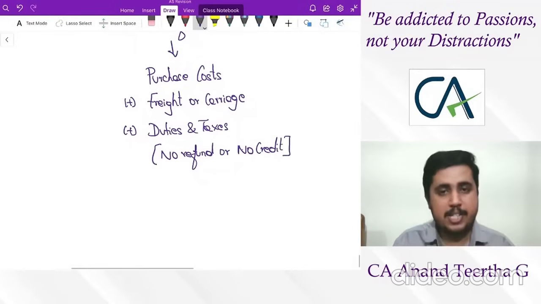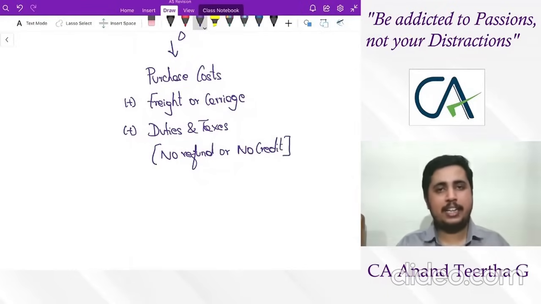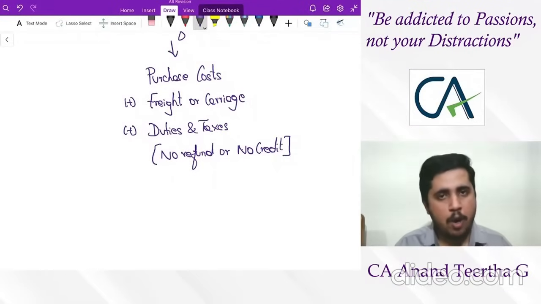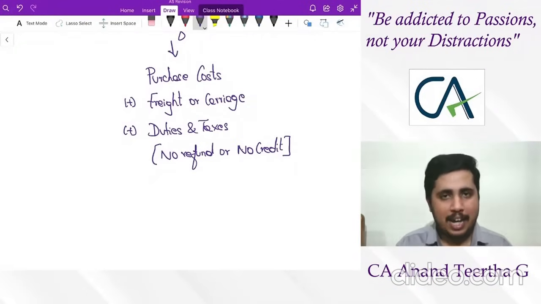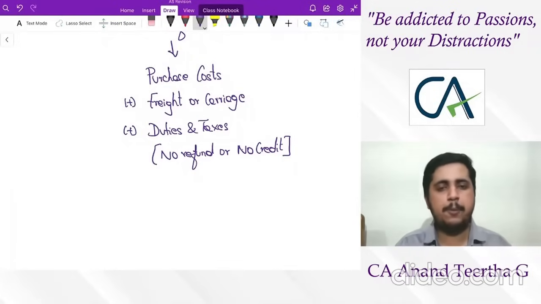What does this basically mean? Duties and taxes are allowed to be added, but provided you are not supposed to claim any refund or there is no credit involved. Example, say GST. You pay GST on stock. Let's assume that this GST can be claimed as an input. Input tax credit is available for this GST. Then do not consider it for addition over here, because ITC can be claimed.